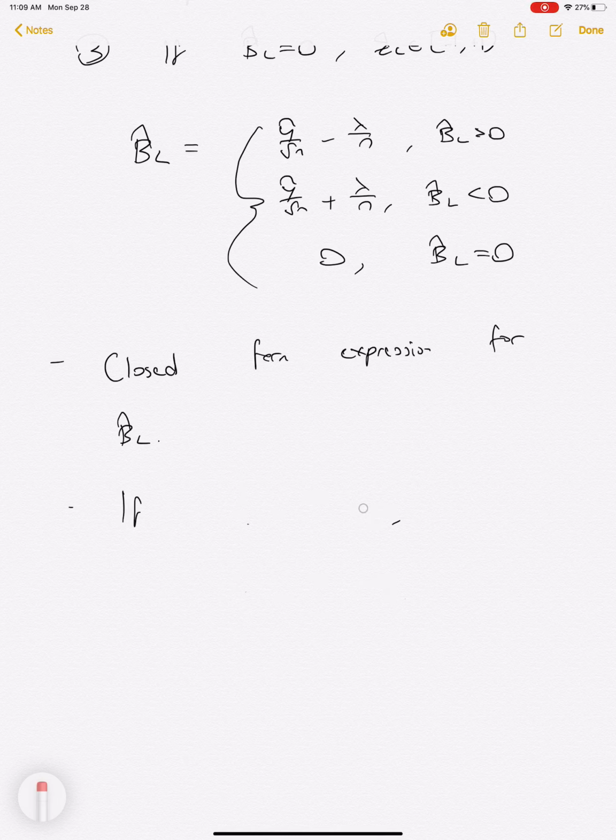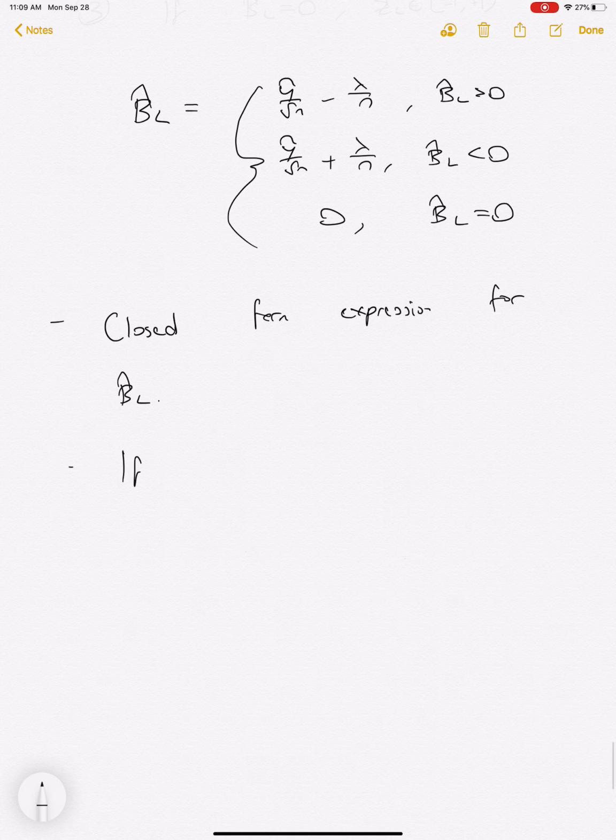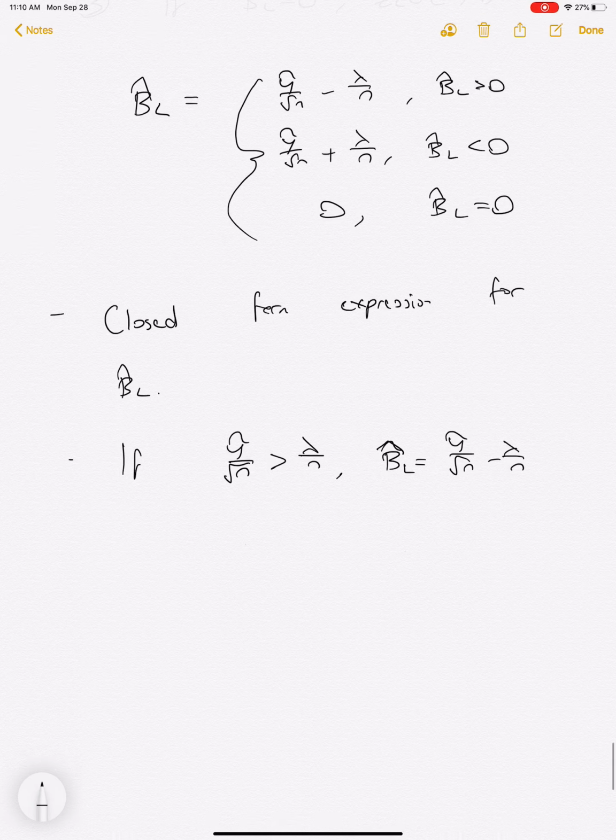We're going to turn it now into conditions on the data, and we'll go through this in more detail in the next lecture, but I want to get to the end of this. So if y tilde over square root of n is greater than lambda over n, then b hat L equals y tilde over square root of n minus lambda over n, and that's bigger than 0.